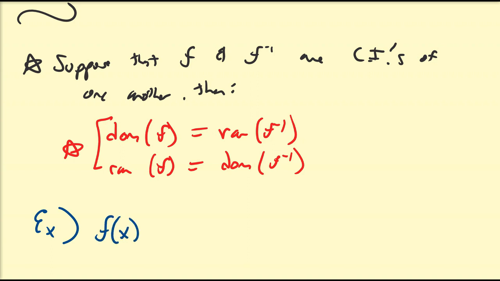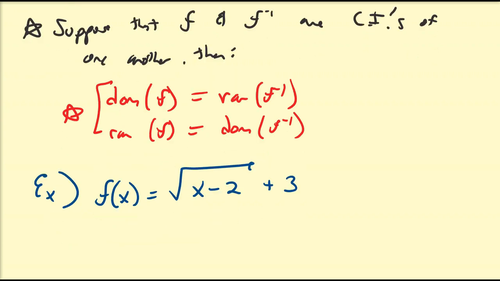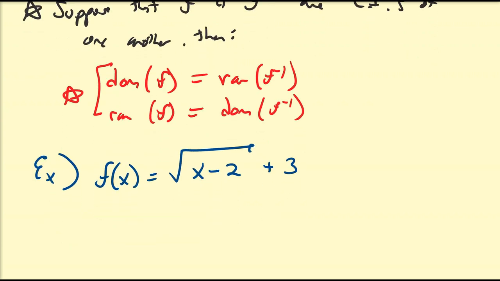So let us consider the function f of x is equal to the square root of x minus 2, plus 3. If you recall from our transformational exercises from earlier, this is just the square root curve shifted to the right 2 and up 3. So right 2, up 3, and we should know that the square root curve has almost like a sidewards parabolic behavior.